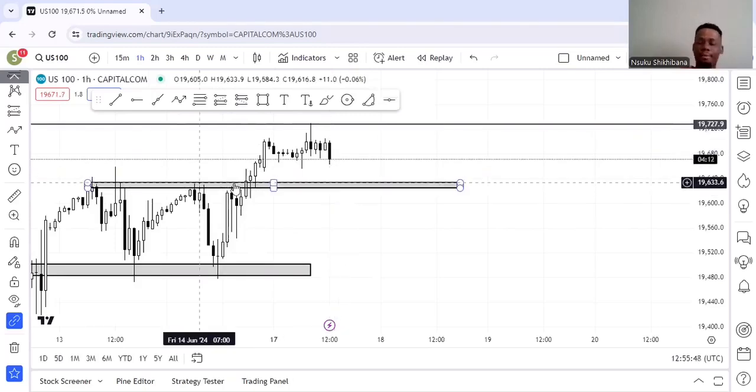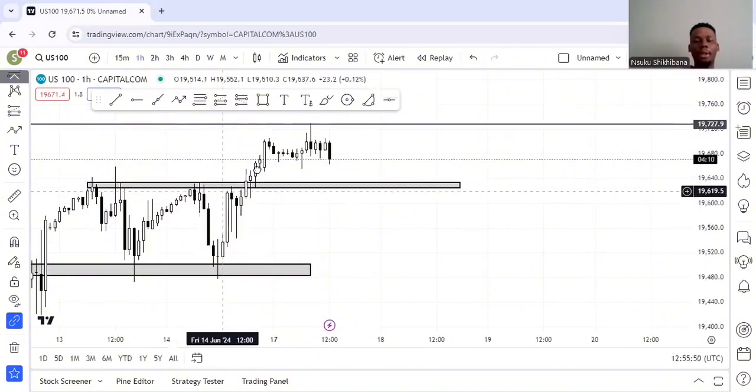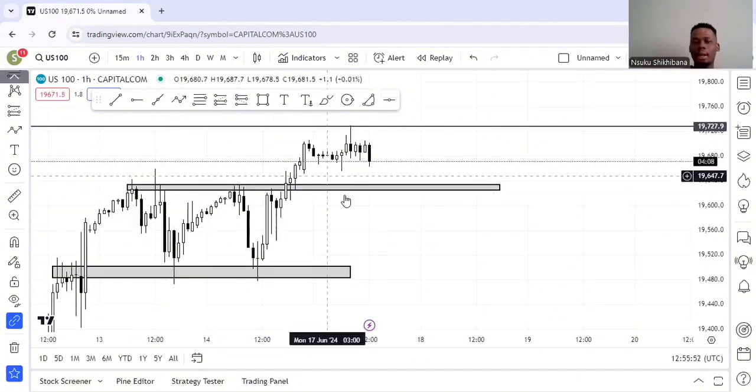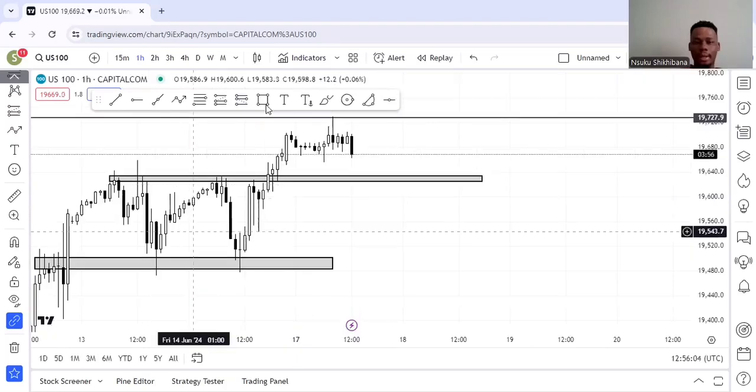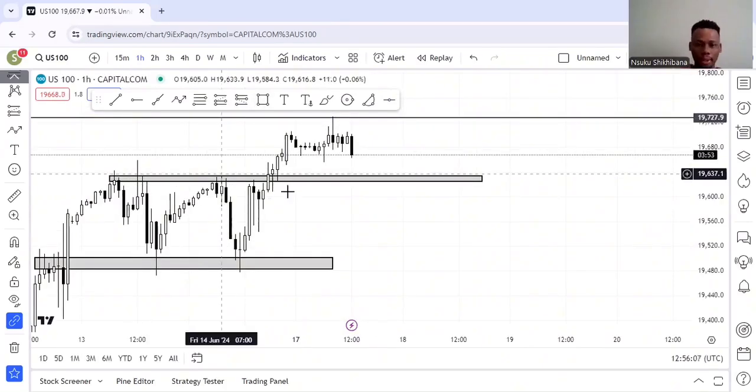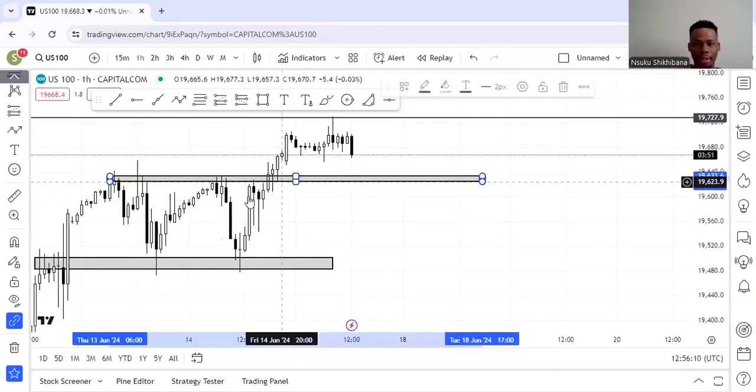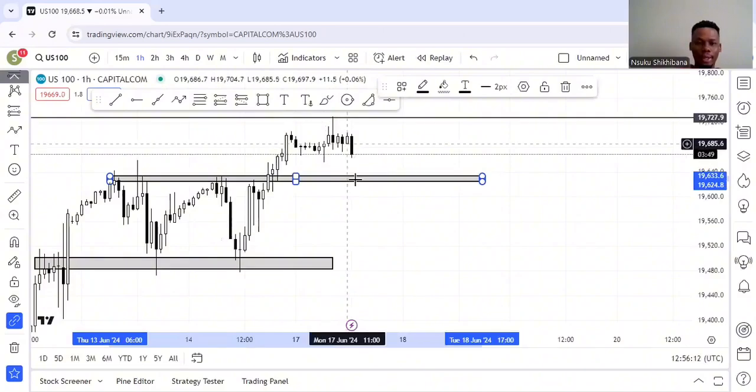So if you guys have learned about support and resistance interchanging, you'll know about this setup. Right now it broke this level right here, so I am waiting for price to retest it.